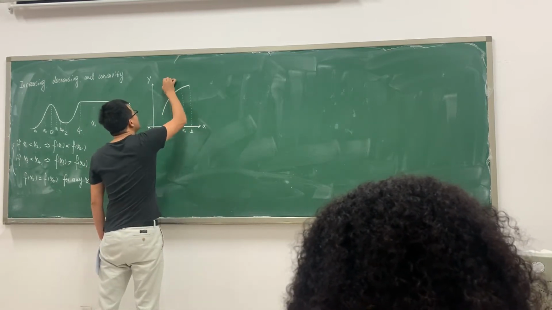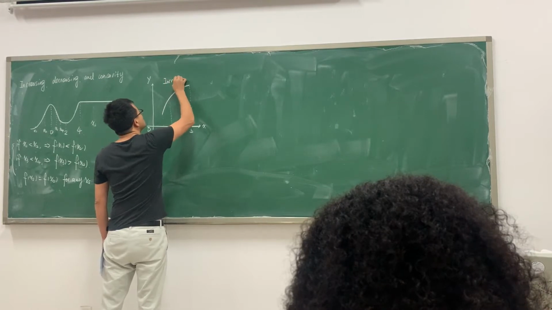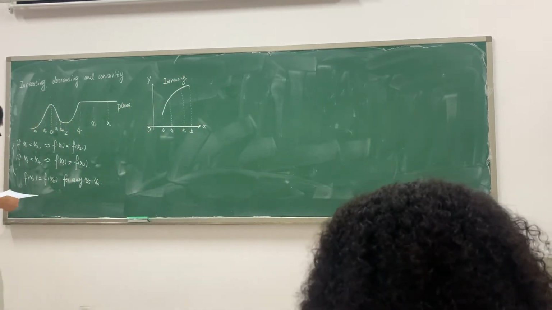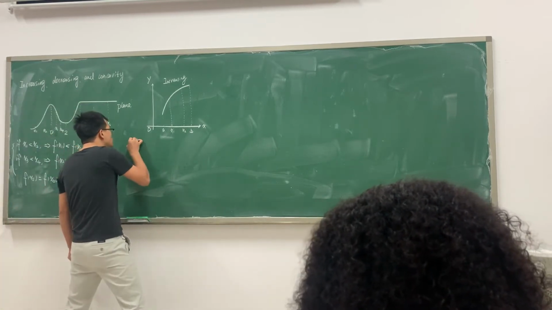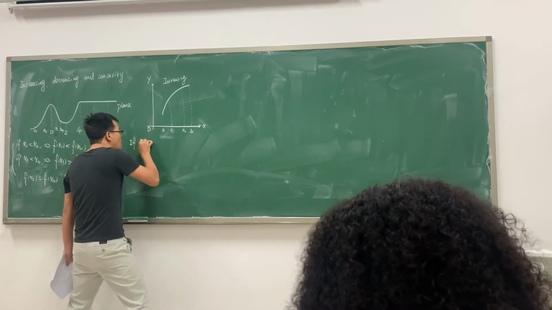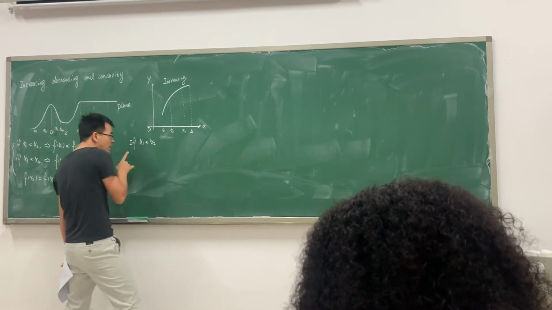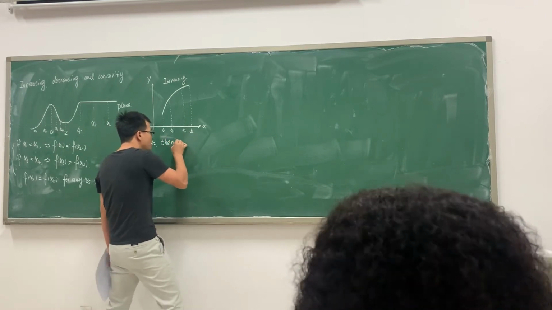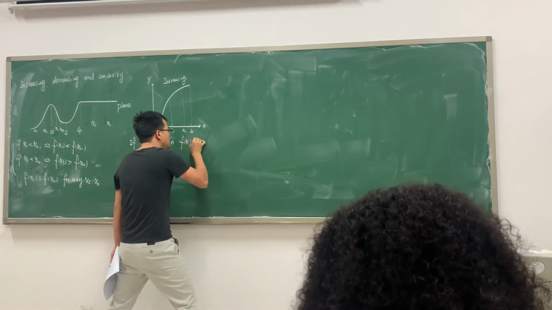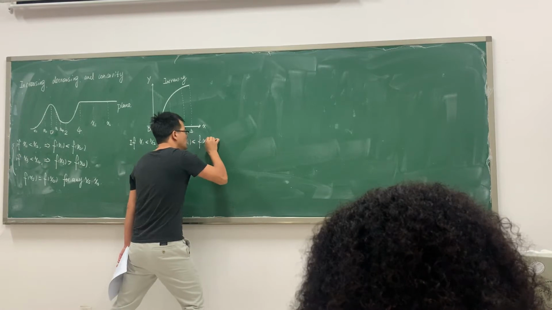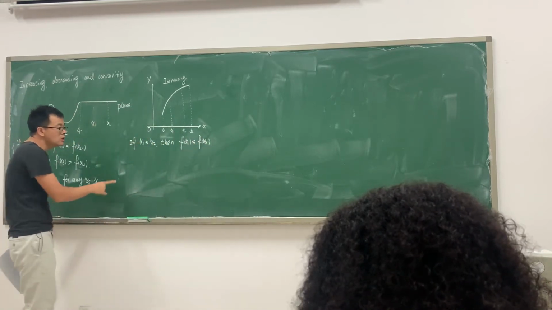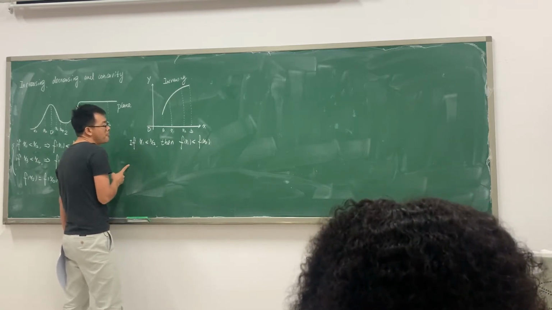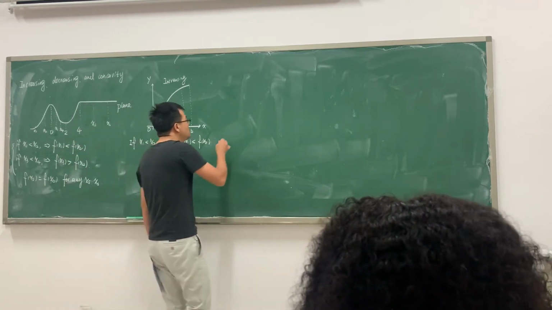For this increasing, we have a conclusion: if x1 is less than x2, then we have f(x1) less than f(x2). So this is the definition of increasing. So what about the decreasing?